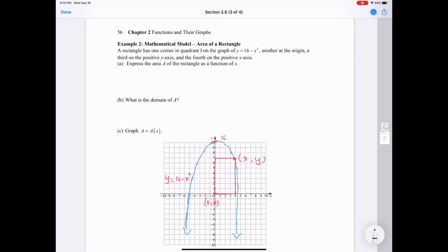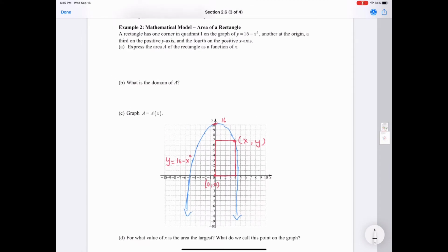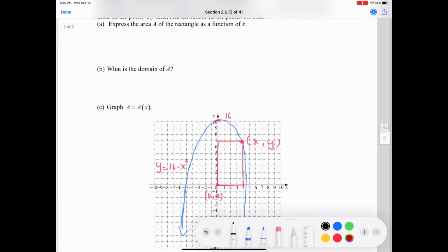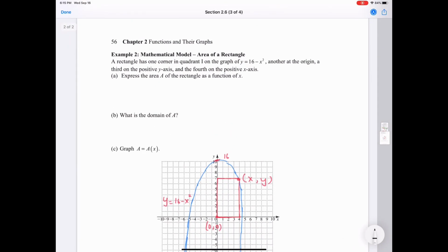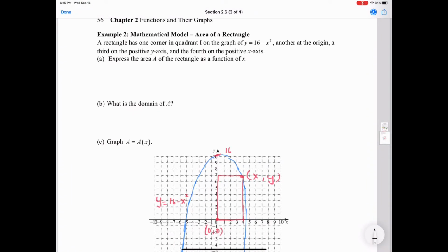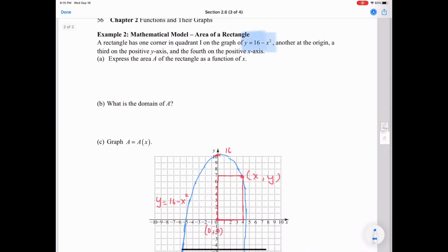Even if this information was not given to you, with whatever is given there, like a rectangle has one corner in quadrant 1 on the graph of y equals 16 minus x squared, another at the origin, a third on the positive y-axis, and the fourth on the positive x-axis, I am able to draw this graph. So let me explain.